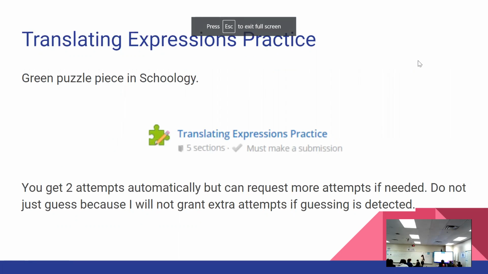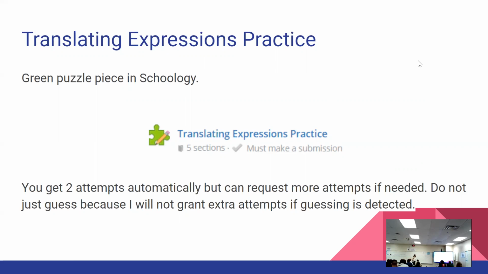The practice this time, I wanted to switch it up, is going to be a puzzle piece in Schoology. So it's just a practice, it's not an assessment, but you should be using it to gauge where you're at. I want you to shoot for an 80% or higher on that puzzle piece.